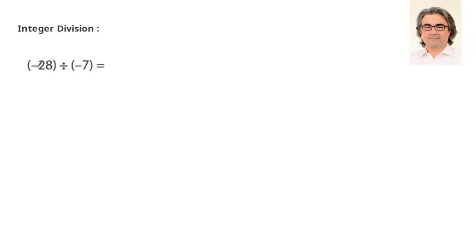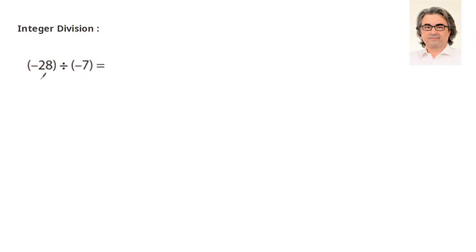Now, in our previous video, I explained the meaning of division operation on the number line, and I told that if you divide a positive number by a positive number, or a negative number by a negative number, the result will be positive.